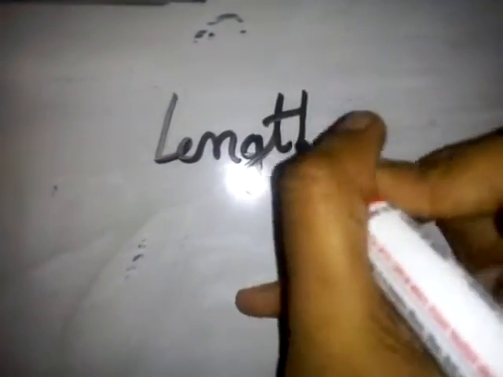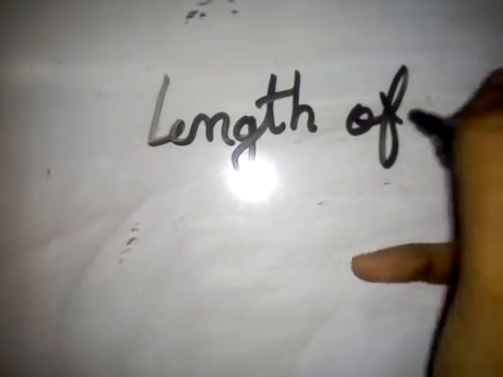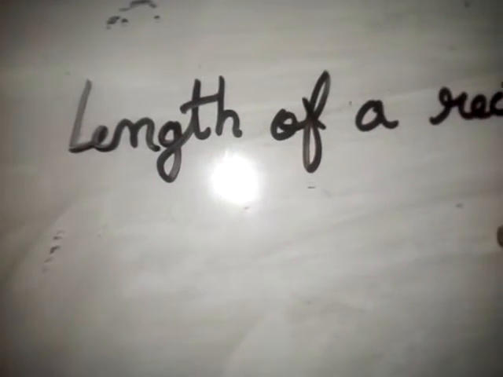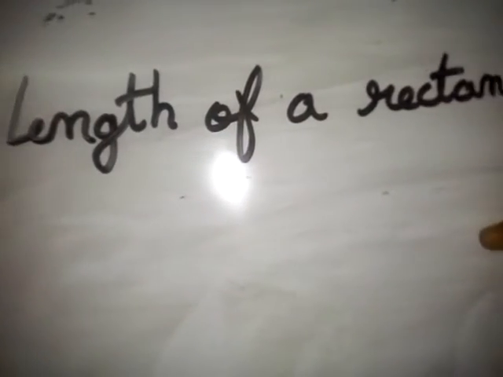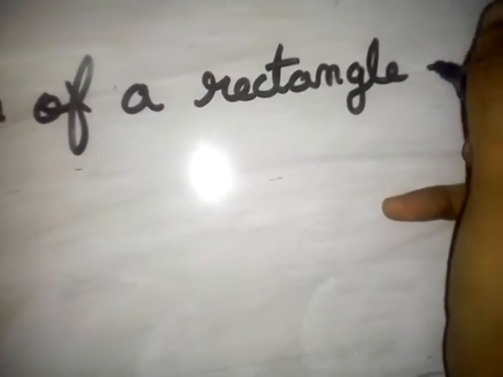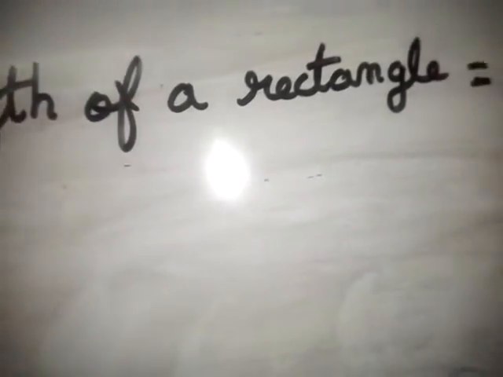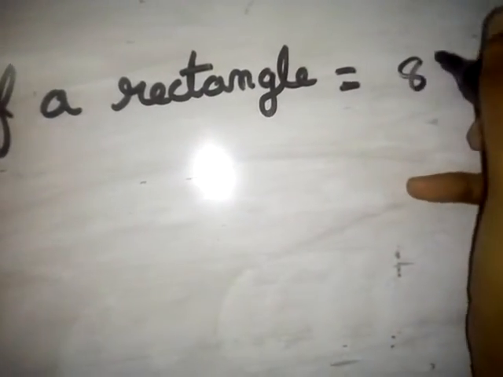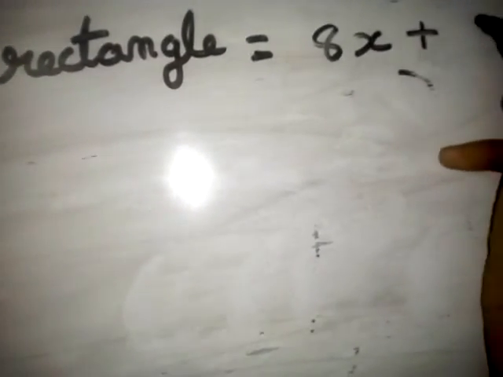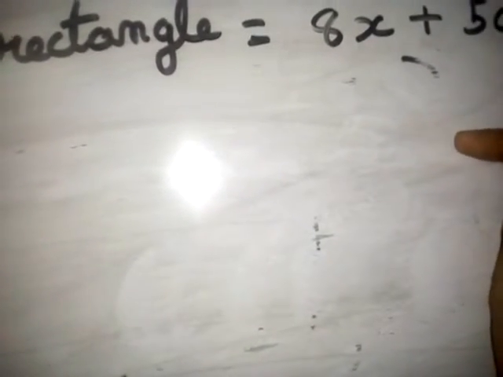So first statement you have to write: length of a rectangle is equal to 8x plus 5 centimeter.